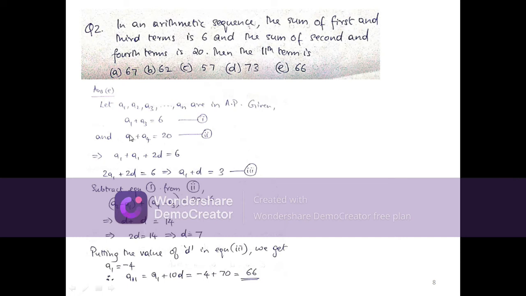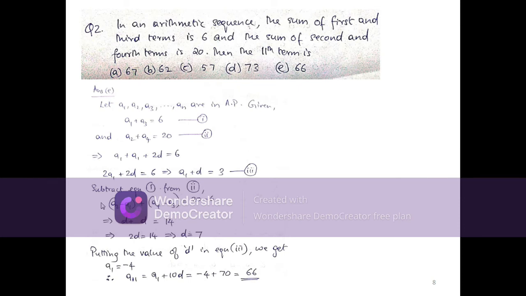Otherwise, since these are in arithmetic progression, a2 minus a1 equals d, the common difference, and a4 minus a3 equals d, again the common difference, because a1, a2, a3, a4, etc., an are in arithmetic progression.